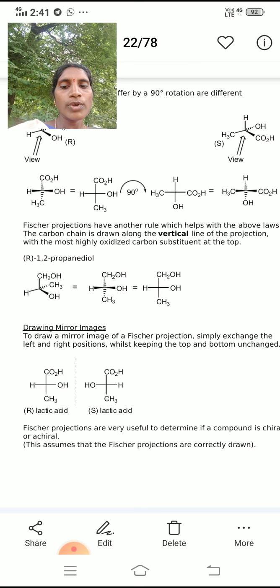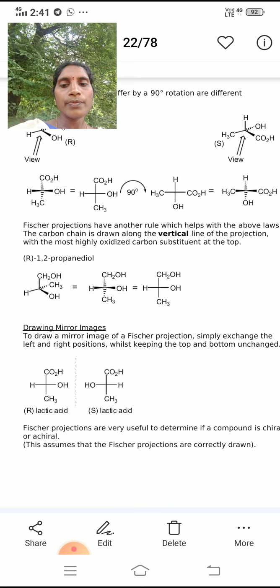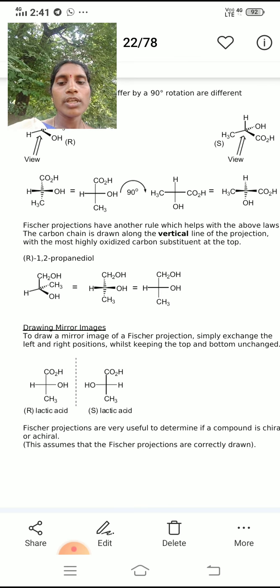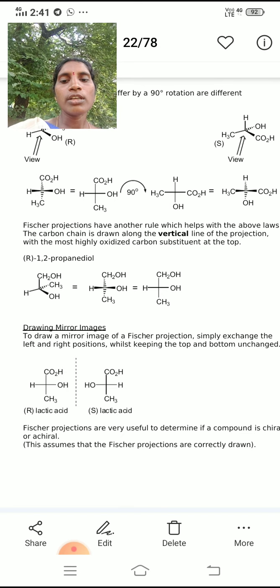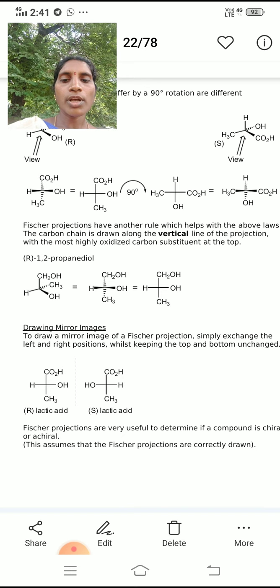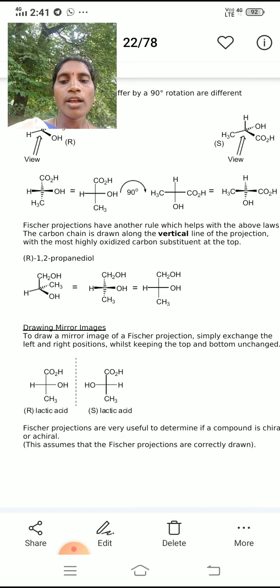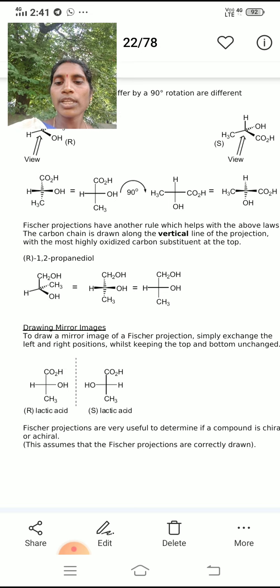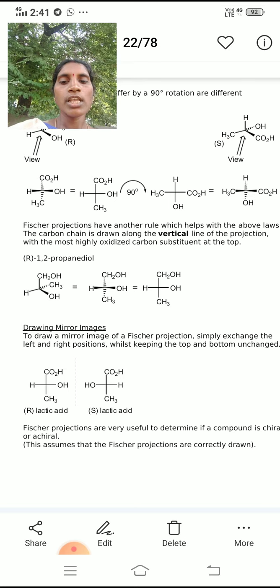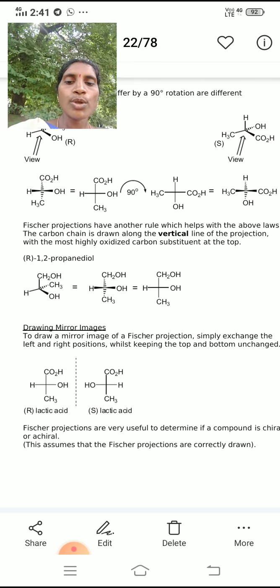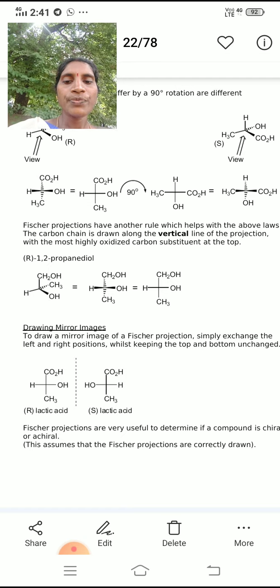For R-lactic acid, at the top the carboxylic acid is present, the highly oxidized group, and at the bottom of the vertical line the methyl group is present, the lowest oxidized group.